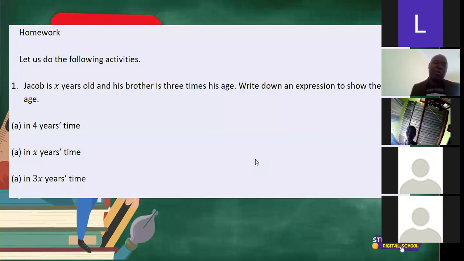The second one should be B, in X years' time, C in 3X years' time. So Jacob is X years old, and his brother is 3 times his age. Write down the expression to show their total age in 4 years' time, but also in X years' time and in 3X years' time.